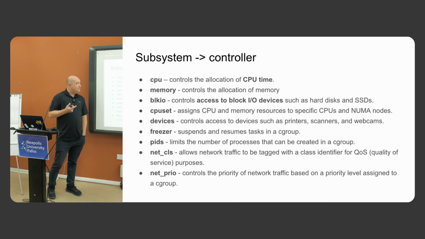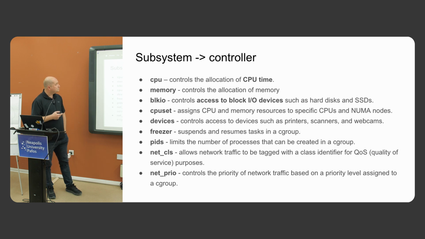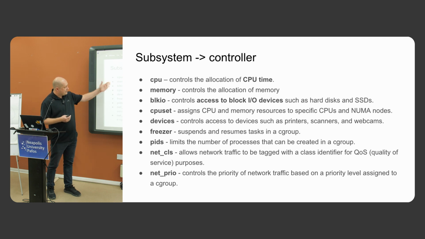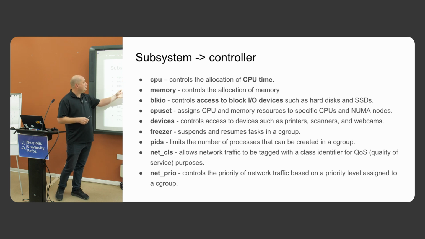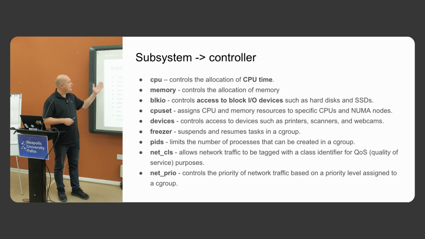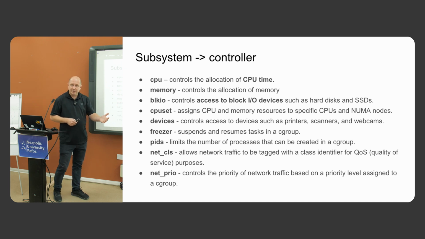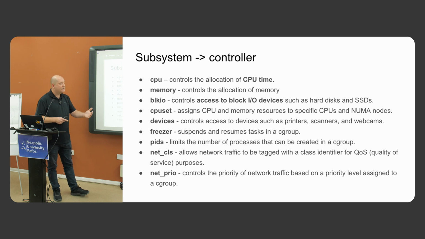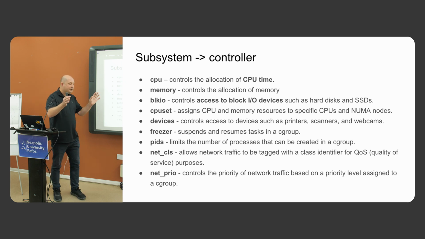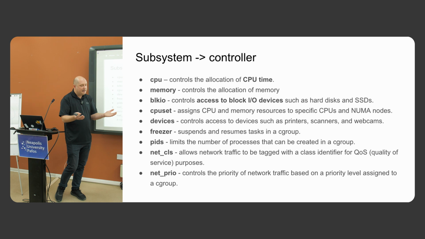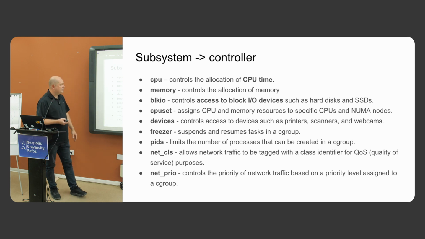For each subsystem, we can have a controller. So there is a set of controllers. CPU controls CPU time, memory controls memory, block I/O controls access to the block devices, because it's not so easy when you have many high-loaded processes and a limited set of block devices.